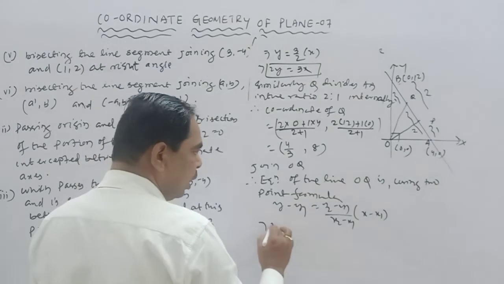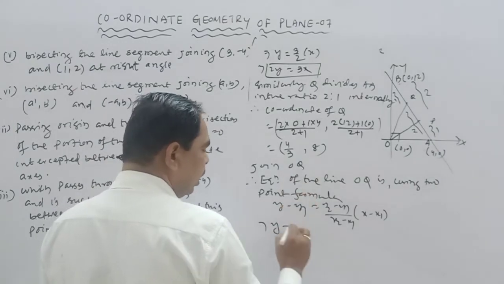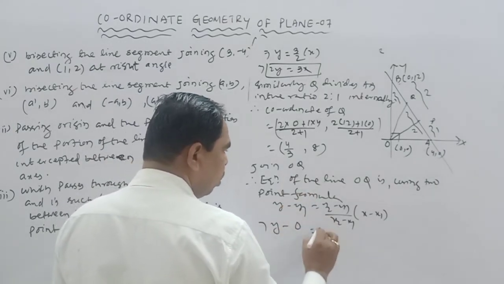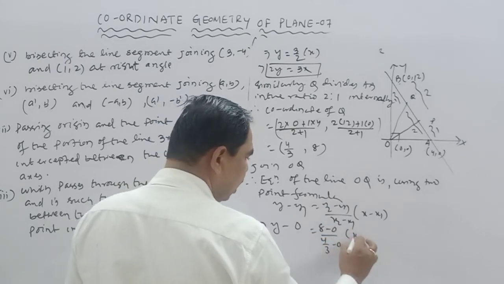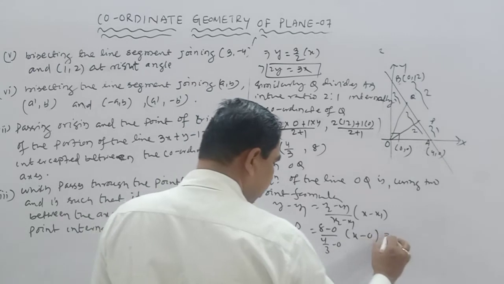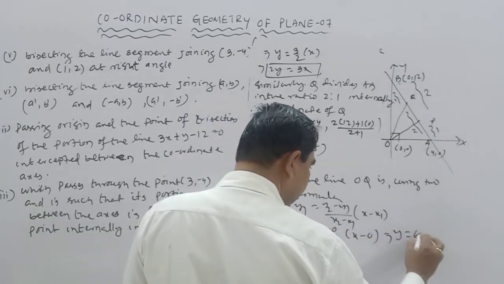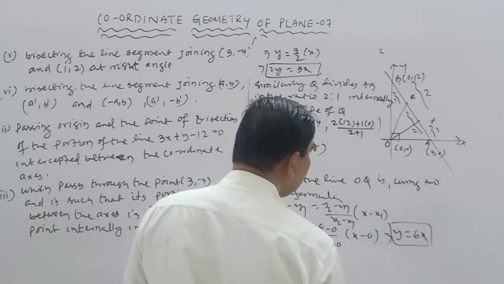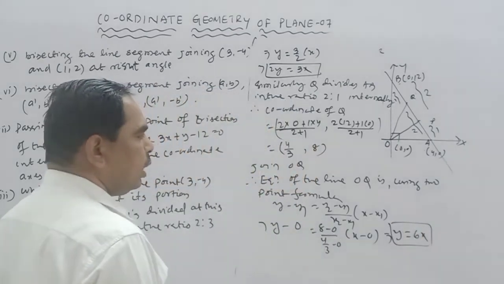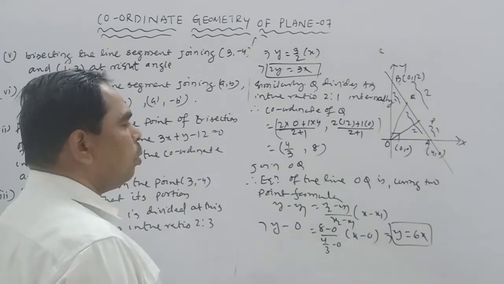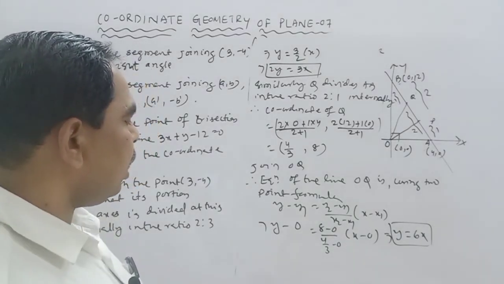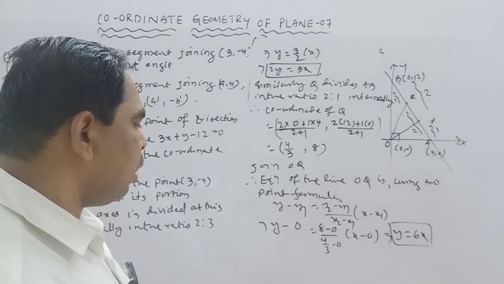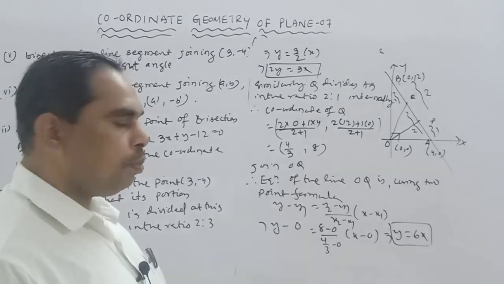That implies y minus 0 is equal to (8 minus 0) divided by (4 by 3 minus 0) into (x minus 0). So y is equal to 6x. This is the equation of the line OQ. First one, 2y is equal to 3x, is the equation of the line OP. Second one, y is equal to 6x, is the equation of the line OQ.